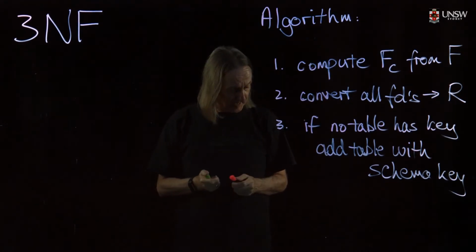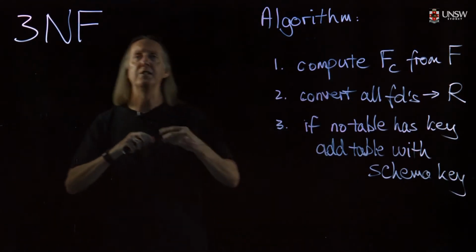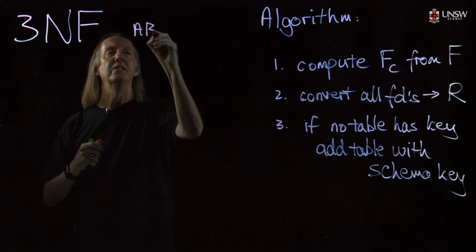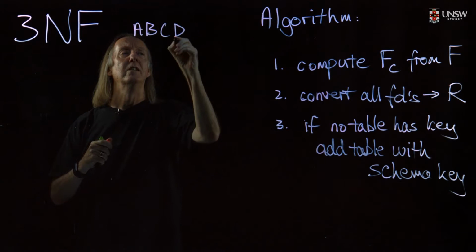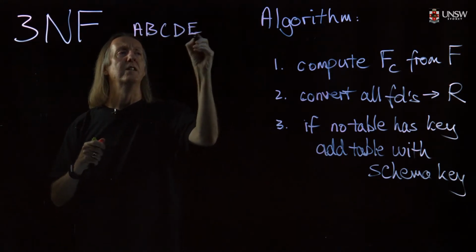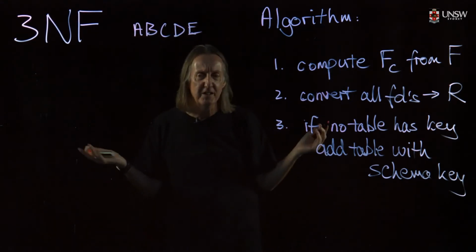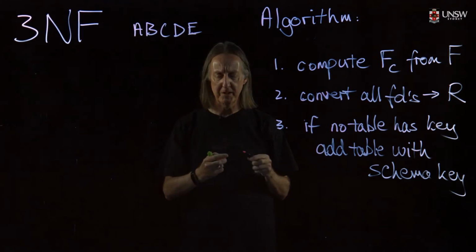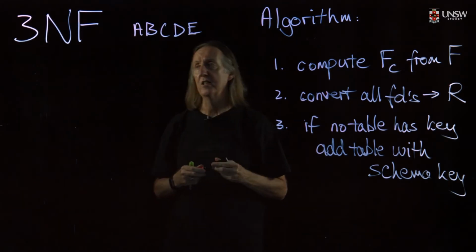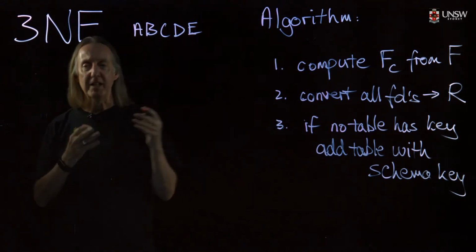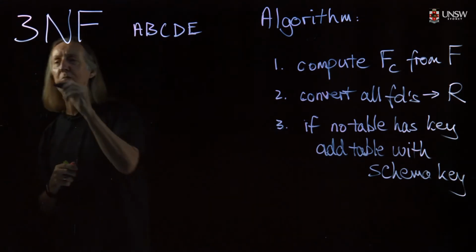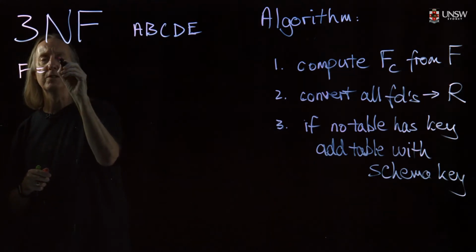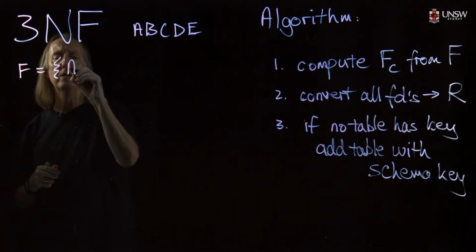Okay, so for an example, let's take the schema that we looked at before, which consisted of this set of attributes. And where did these come from? Well, there's an application domain, and we can identify all of these properties of interest in the application domain. And that becomes our, if you like, giant global schema. And the set of functional dependencies, I'll use the same ones that we had before.